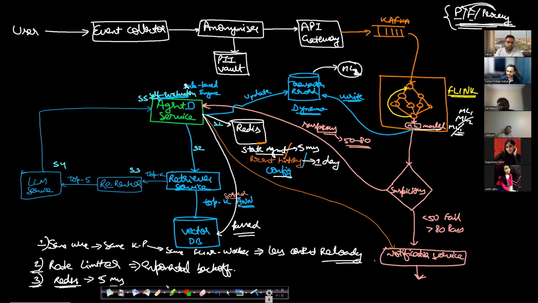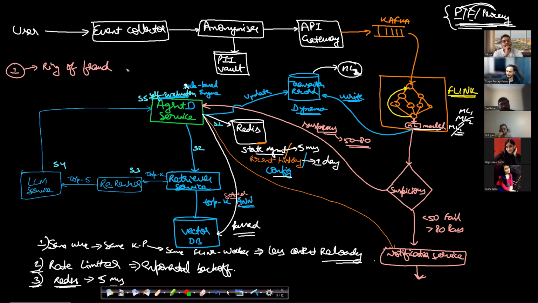Now, keeping the staff engineer level or senior engineer in mind, what would be the future scope or future improvement on the entire overall design? You can say something like, we are discussing the suspicious transaction, but one of the things that we can do is find out the fraud ring.